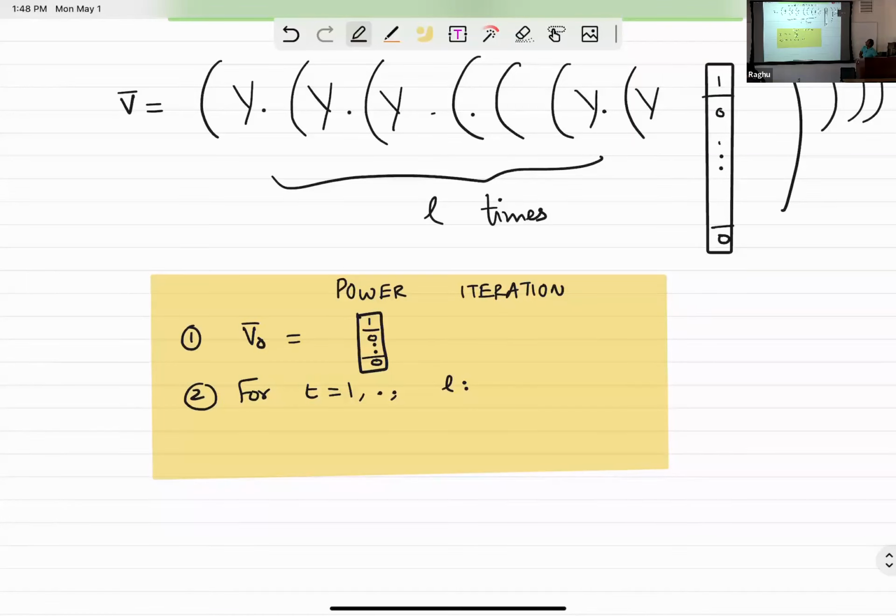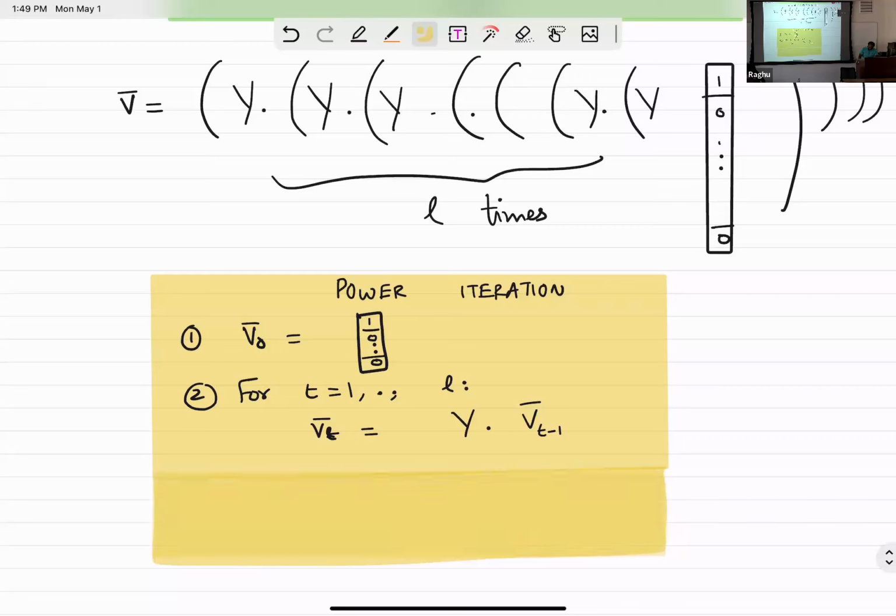I'm going to multiply my vector with y L times. Right, so I'll say VT bar is y times VT minus 1 bar. Okay, that's just the same powering operation, but unfolding it from right to left. Right? And finally, I have to normalize. So output the normalized vector. Okay, this is power iteration.